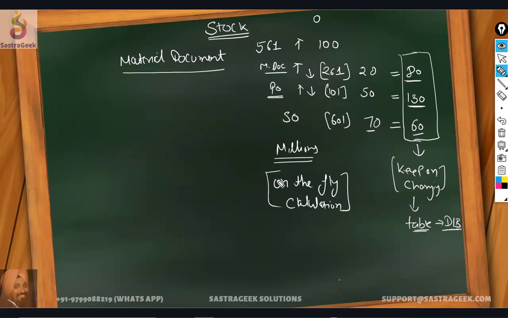Okay. Now, can anyone get an idea, in the ECC system, when a user posts a material document, how many different tables get updated? Any idea?